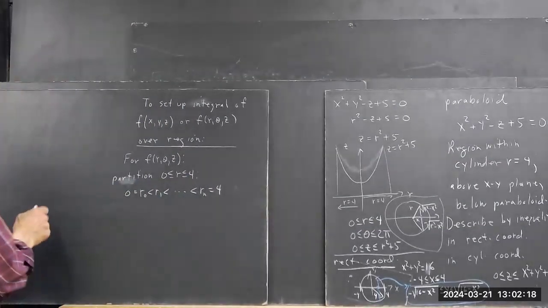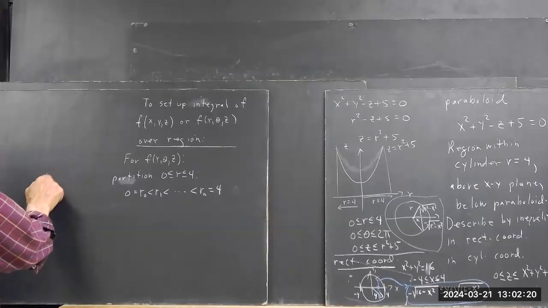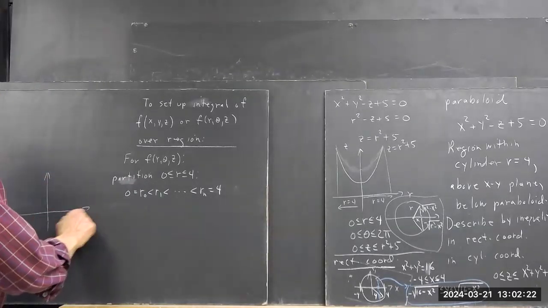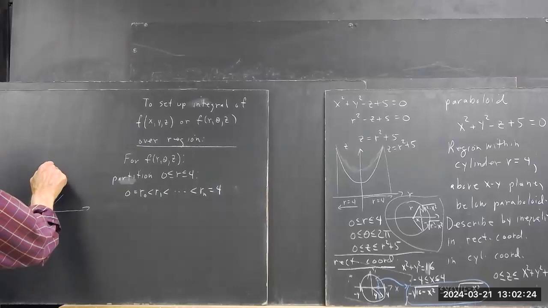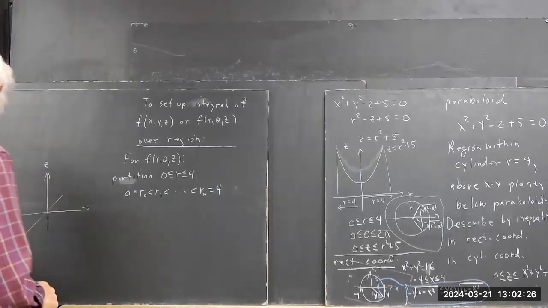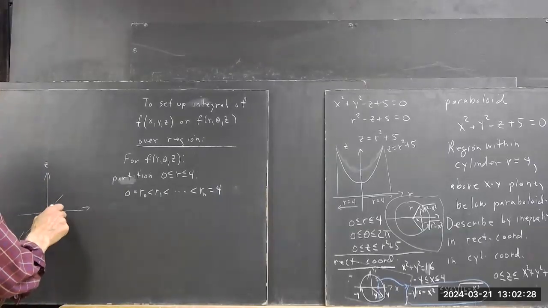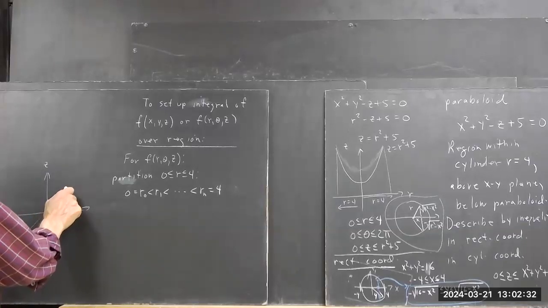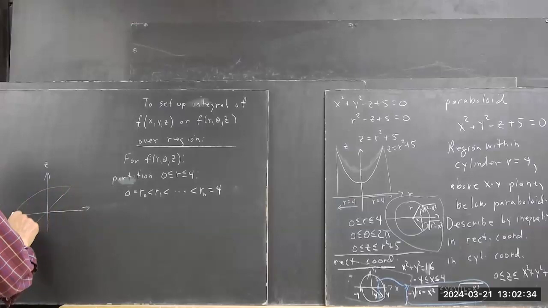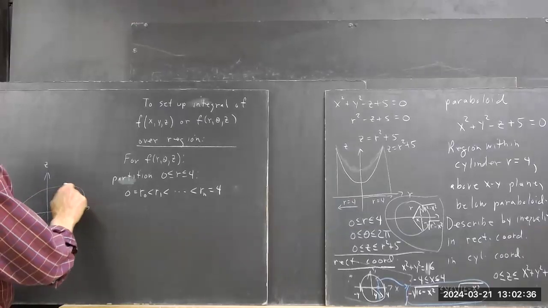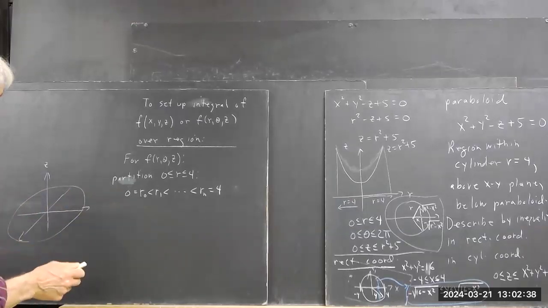So over here, here's our circle of radius 4.